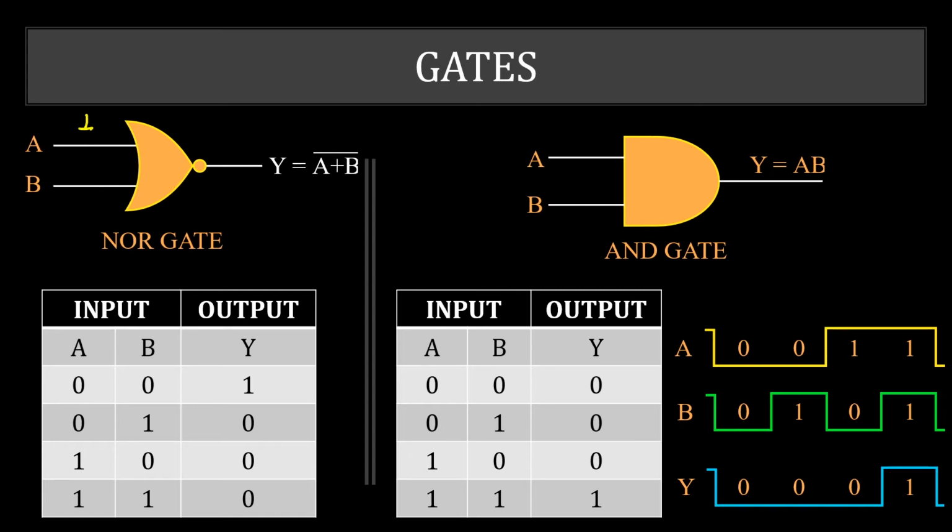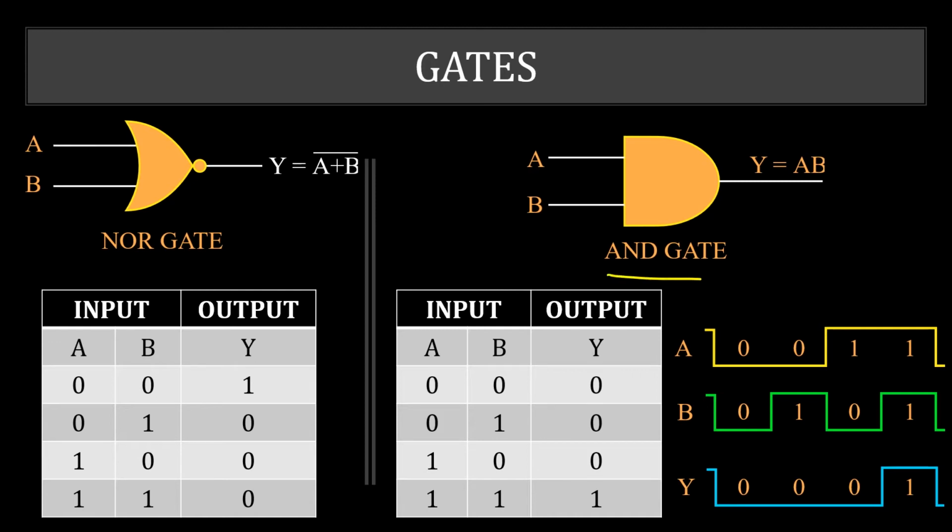If input A is 1, input B is also 1, output will be 1. But because of NOT, we will have 1 bar and output will be 0 again. If input A is 0, input B is also 0, output should be 0 for OR, so output will be 0 bar and that will be 1.